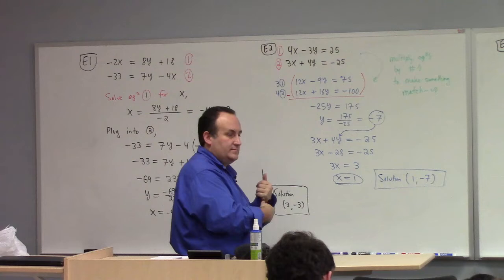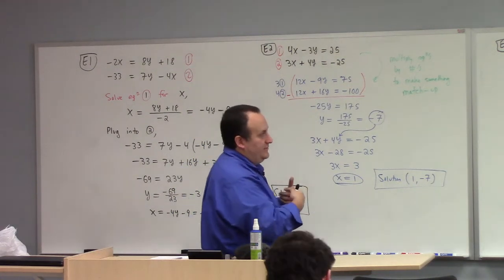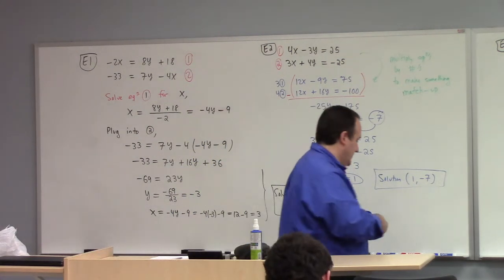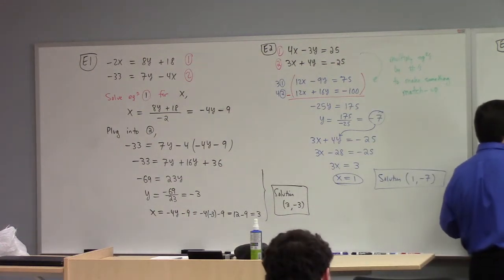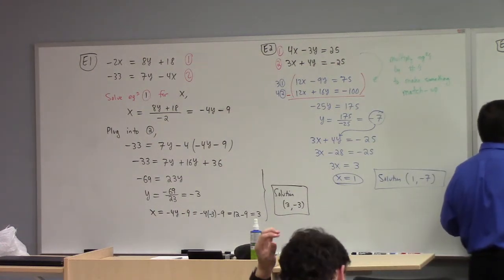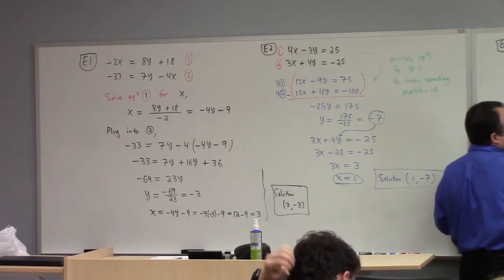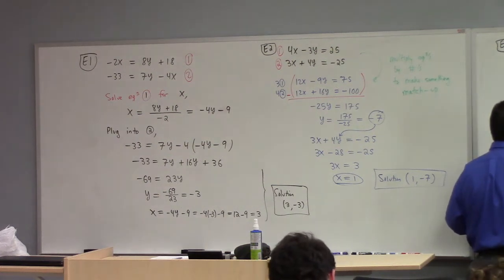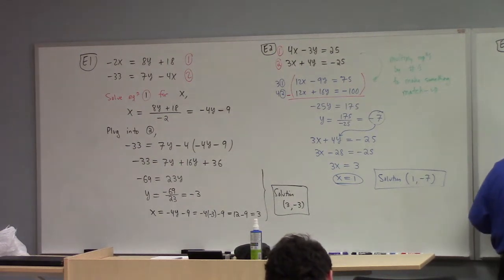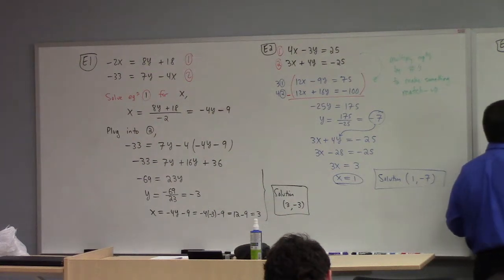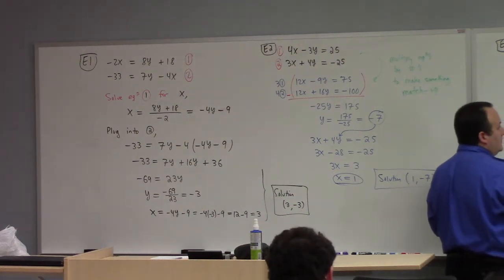Then what? Then we need to clean it up, right? So let's clean up our mess here. We've got 42x plus 5y equals minus 800. Why 5? What about 6? Minus 6.